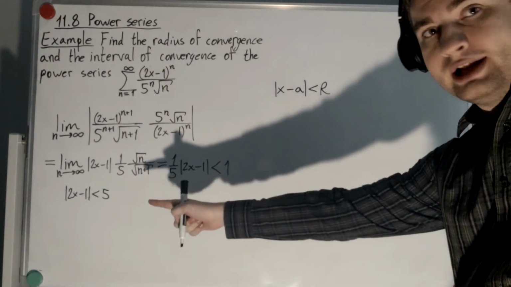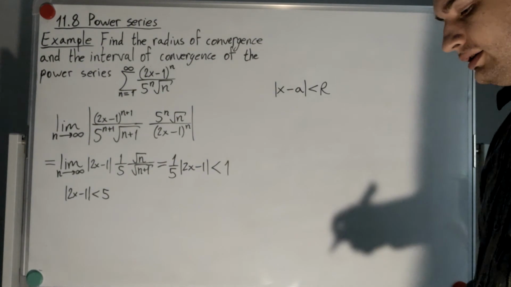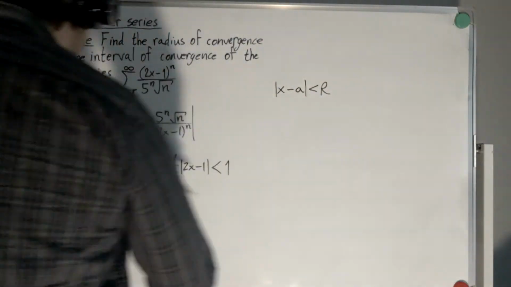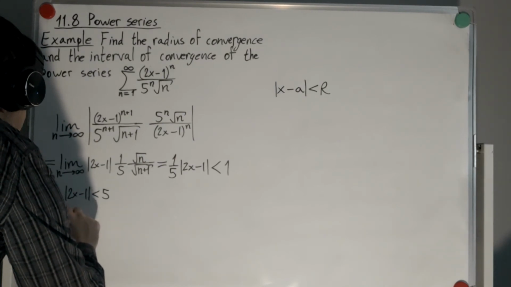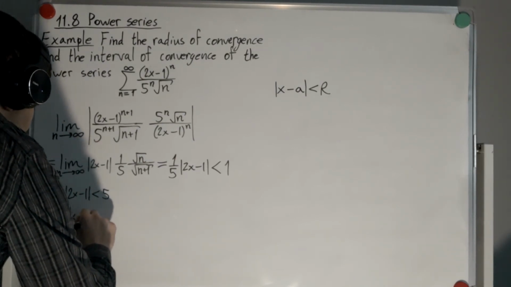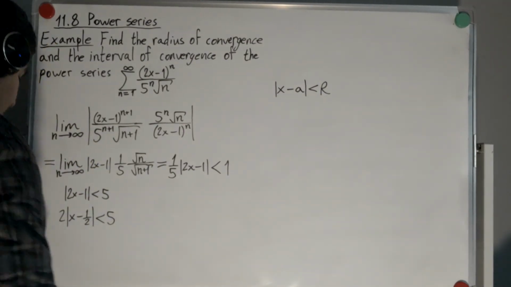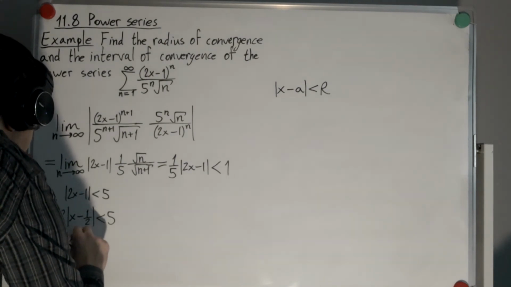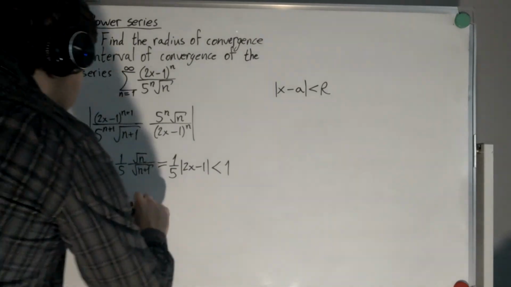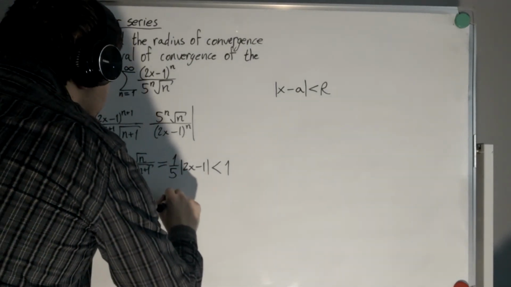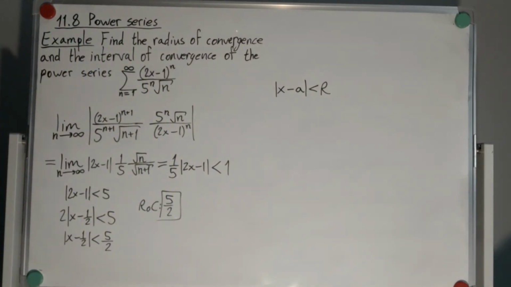The fact that we have a 2 there in front of the x is screwing this up. So what we need to do here is factor out the 2. We can say that this is 2 times the absolute value of x minus 1/2. Then we can divide both sides by 2 and get the absolute value of x minus 1/2 is less than 5/2. And so our radius of convergence is actually 5 halves, or in other words, 2.5.